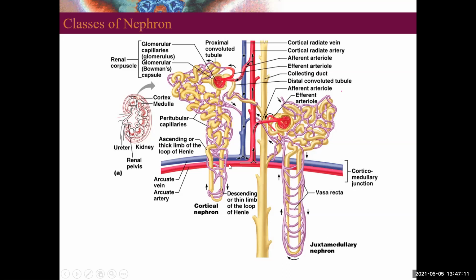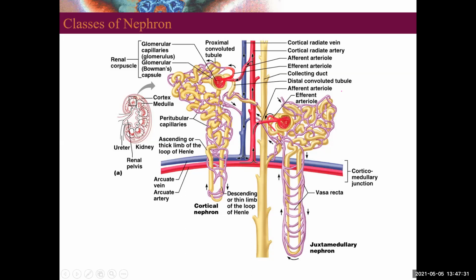The same capillaries come here and also wrap around the loop, and this is called vasa recta. Are you following me? So vasa recta is the peritubular capillaries around the loop, but they are the same thing.